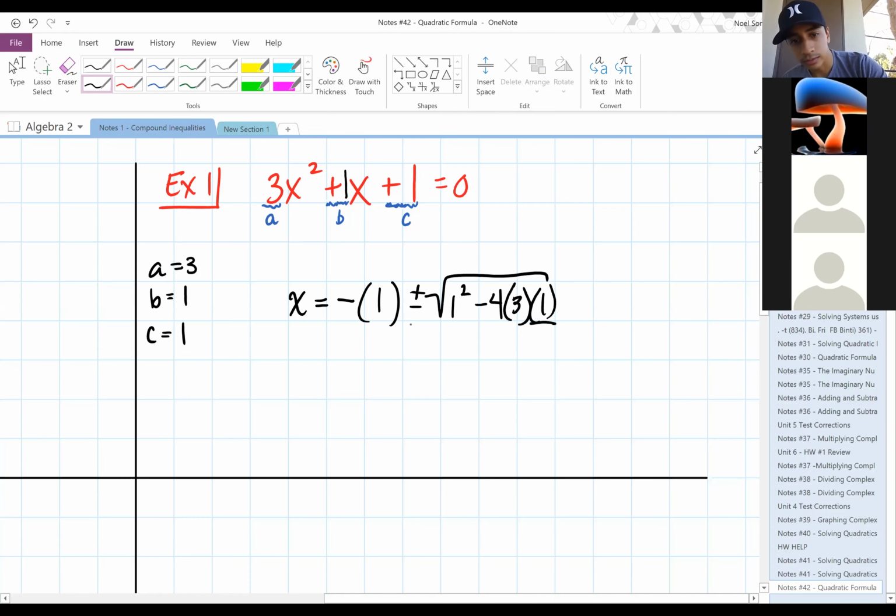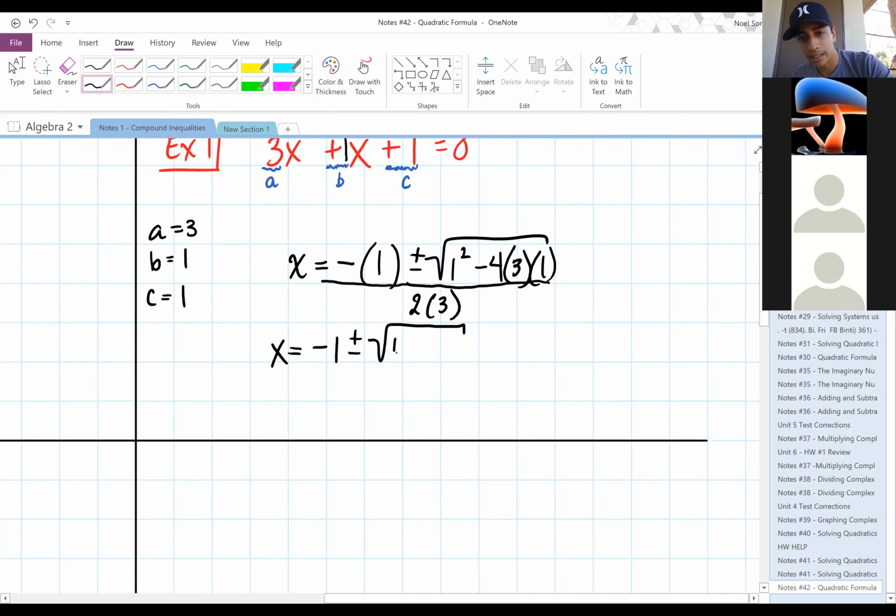So we'll go ahead and we can say now that x will be equal to, well, negative times 1 is a negative 1, plus or minus the square root of, here that's 1, right? Minus 4 times 3, well, 4 times 3 is 12, and 12 times 1 is just 12. So you get 1 minus 12 all over 6.